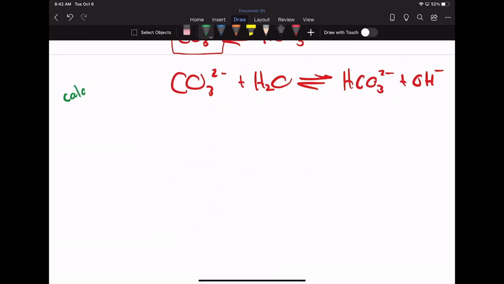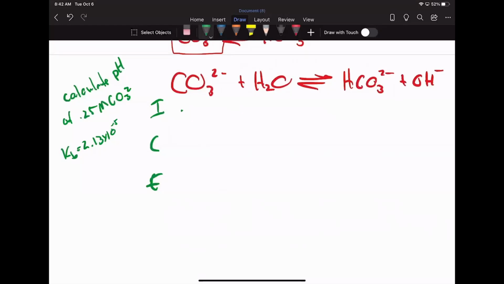So we'll calculate the pH of a 0.25 molar solution of carbonate. Here's my ice table. I'll just give you the Kb for this one. So the Kb for this one is going to be 2.13 times 10 to the minus 5.